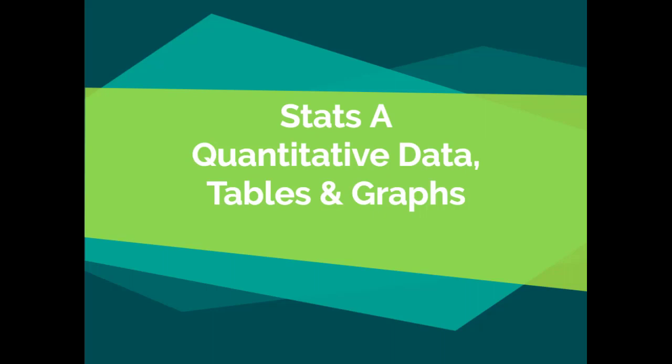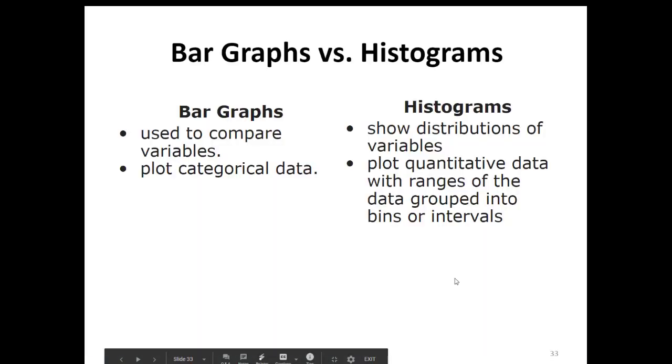So lucky you get to hear my voice for another lecture, but the best part is we will be learning about quantitative data, tables, and graphs. Yay! So let's start off with a little bit of discussion about what we've done so far. In the last couple videos, we've talked about bar graphs and how they're used to compare variables, and they plot categorical data, so qualitative data.